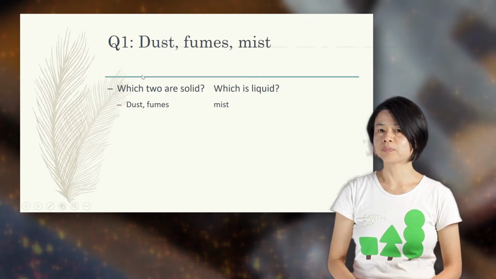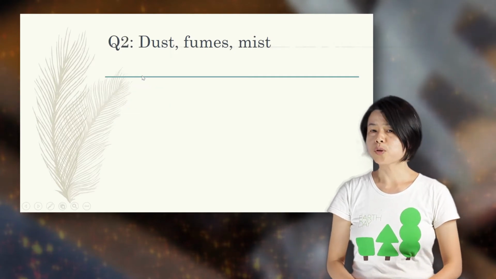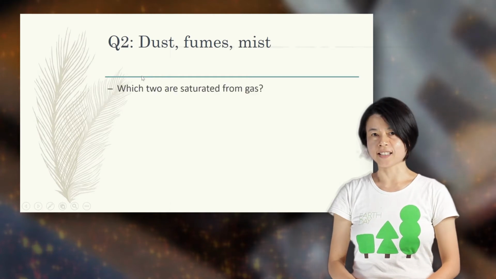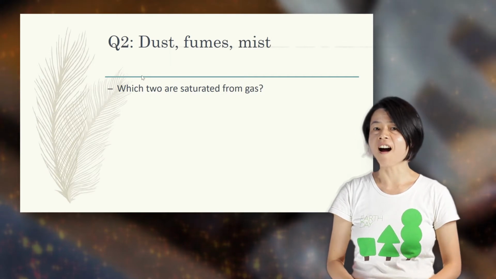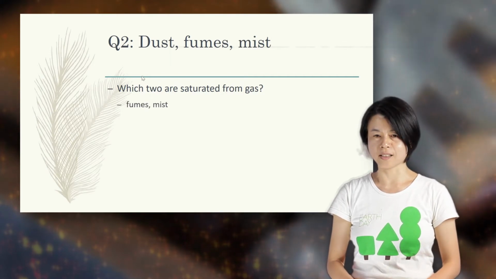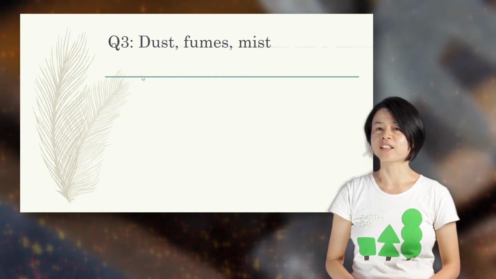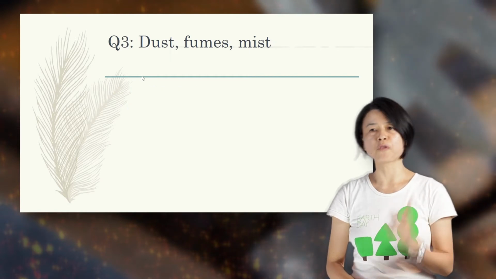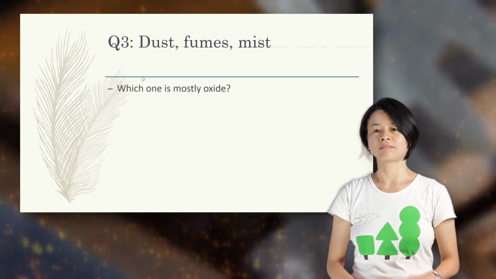Question number 2. Dust, fumes, and mist. Which two are generated from gas? Okay, the answers are fumes and mist. They are generated from gas. Question number 3. Among dust, fumes, and mist, which one is mostly oxide?